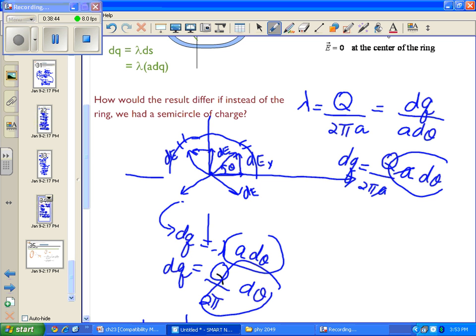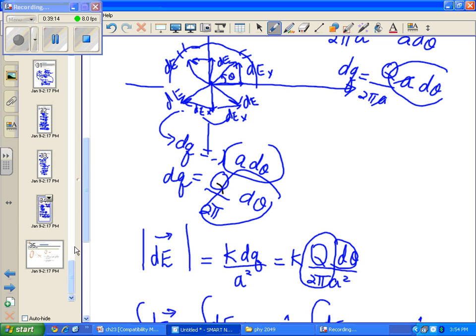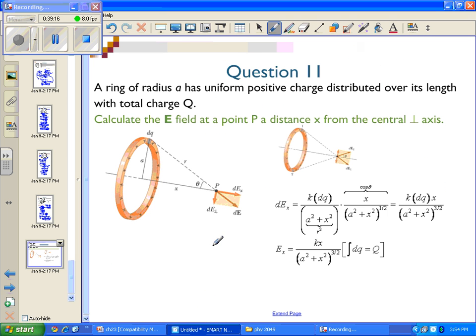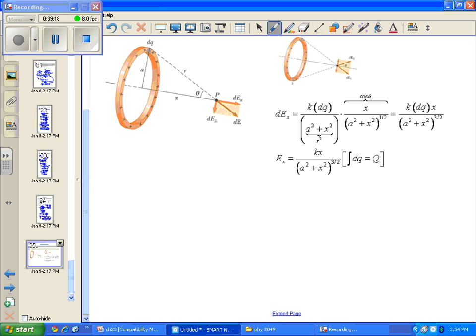This would be our dE, and this would be our dE. Notice that when we break these up into components, this is our dEy in the negative y direction, dEx, dEx, and notice what happens to the dEx. They cancel, but the dEy's add. So in other words, it would no longer be true that both the x and the y components of E would be 0.